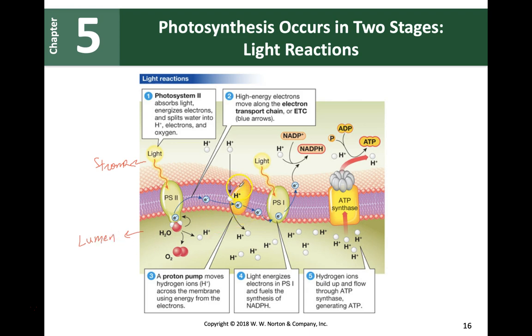So protons are being brought inside, and there's a purpose why this is happening. The goal of this electron transport, this thing, guys, is called electron transport, also called the electron transport chain, ETC. What is happening here is electrons move, and that gives energy to this proton pump to bring this H plus inside. And now you see we have accumulated lots of H plus in the lumen.